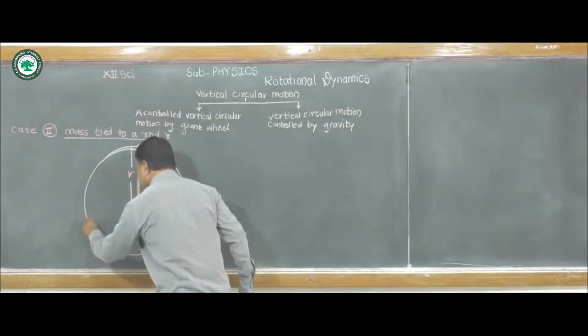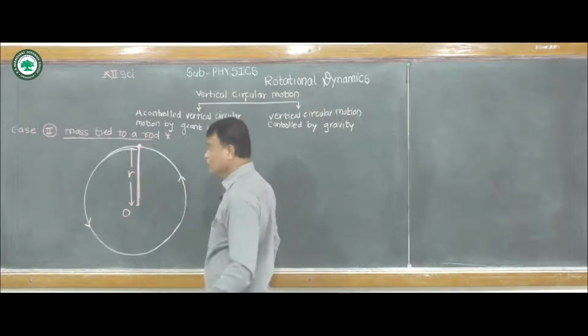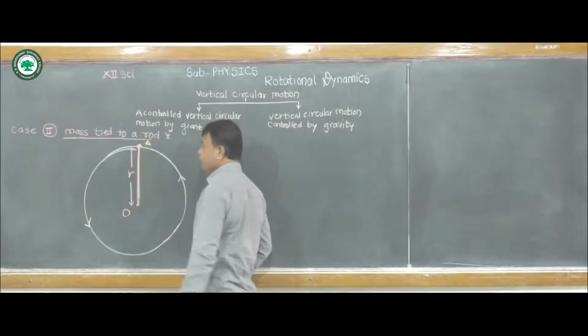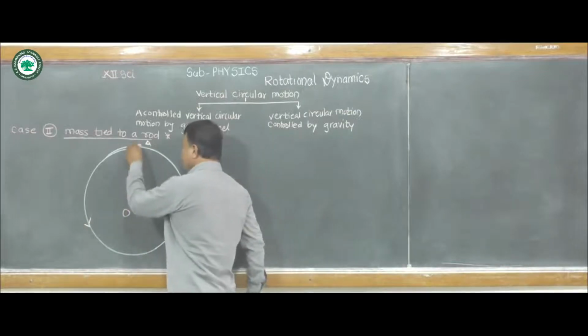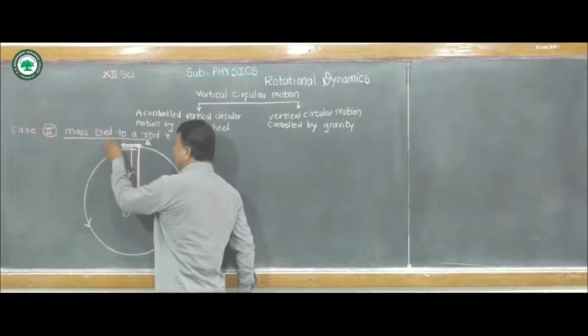It is whirled in anti-clockwise sense, as like this one. So at position A, its velocity is along the tangent which is shown by VA.